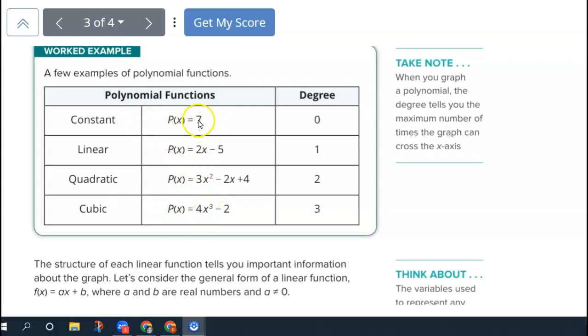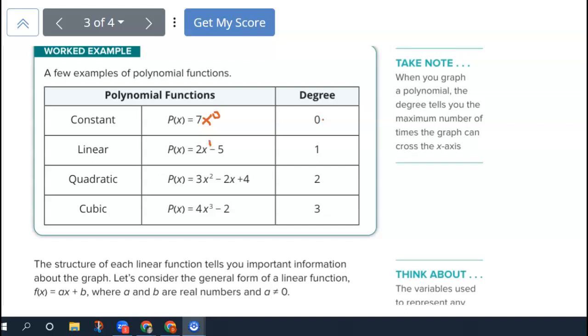So these are all polynomials. This polynomial has one term. This polynomial has two terms. This polynomial has 1, 2, 3 terms. This polynomial has 2 terms. And then this is the degree. So 7 is the same as saying 7 times x to the 0 power, because that's 7 times 1. So because this x has a 0 exponent, it's a 0 degree.